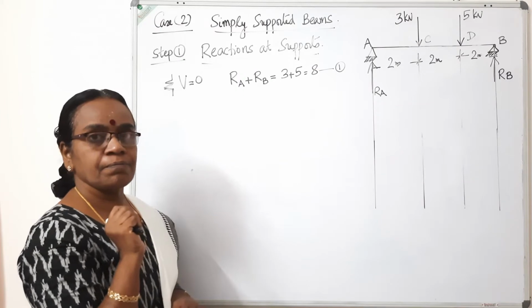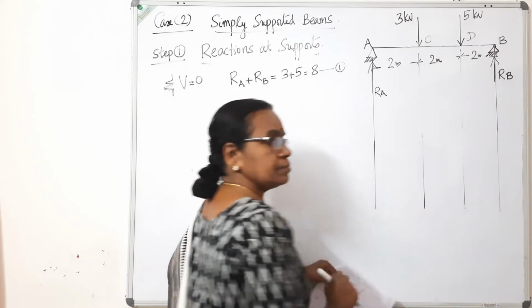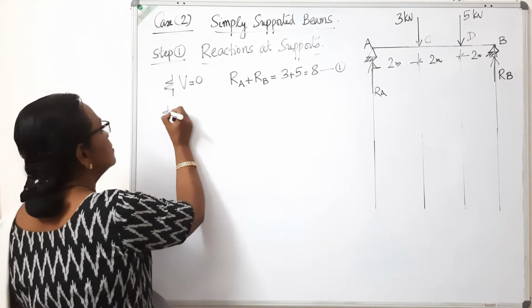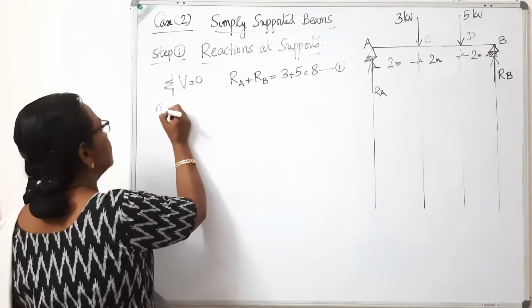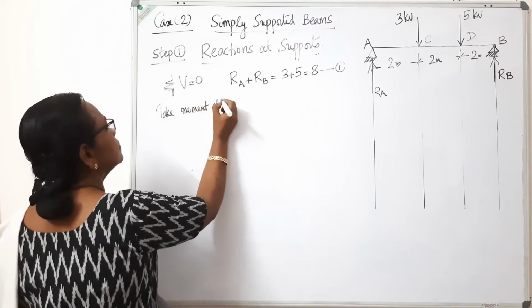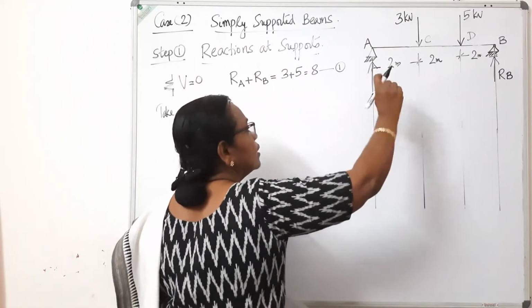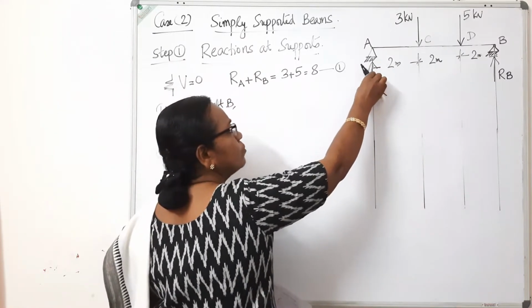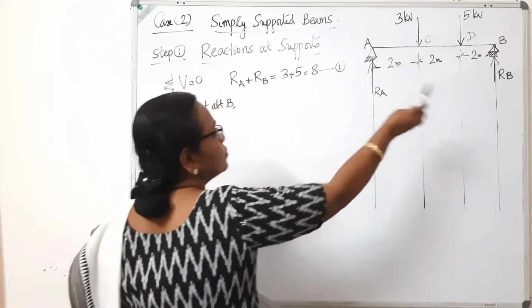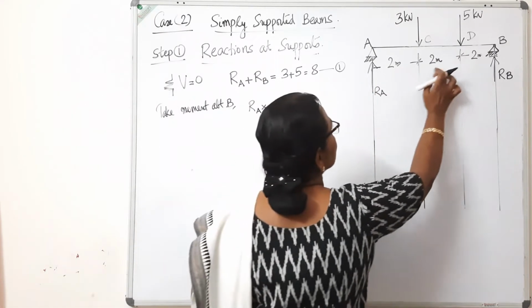The first equation. Now, if you want to find RA first, take moment about support B. So, next step is take moment about B of all the forces. So, RA, this is the direction of RA. If you take moment about B, it will produce clockwise moment. So, RA is acting at a distance 2 plus 2 plus 2, 6.